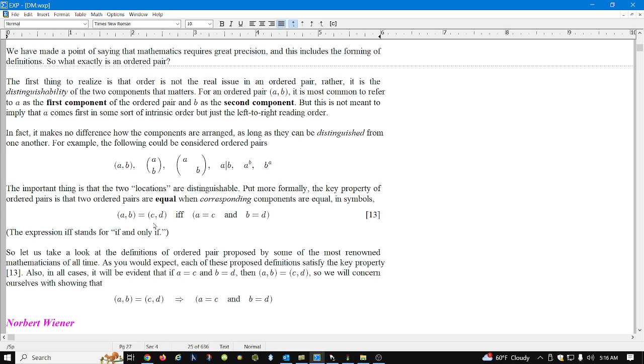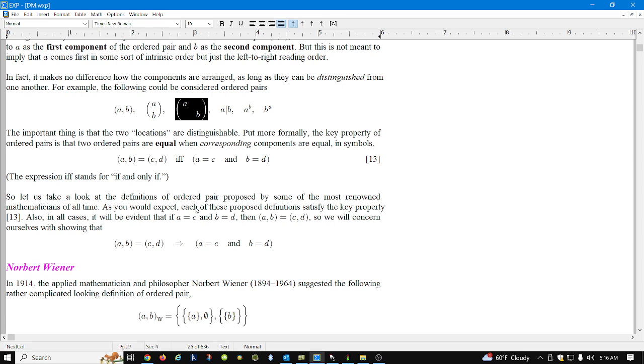Ordered pair AB equals ordered pair CD if and only if A equals C. In this case, the first components are equal and the second components are equal. In this notation, it would be the top components are equal and the bottom components are equal. Or in this notation, the upper left components are equal and the lower right components are equal, and so on.